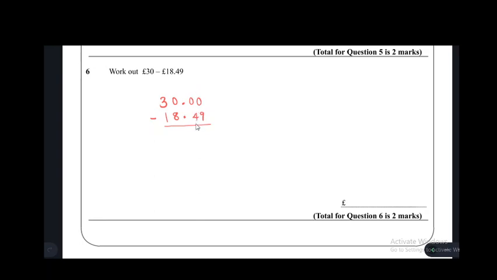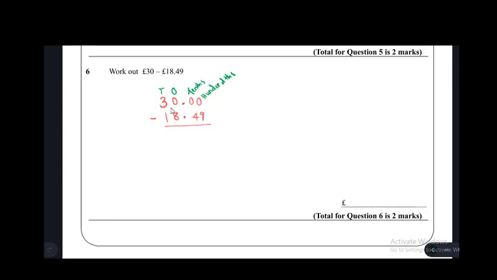After tenths, we have hundredths. Then this one will have the ones, and then we have the tens.